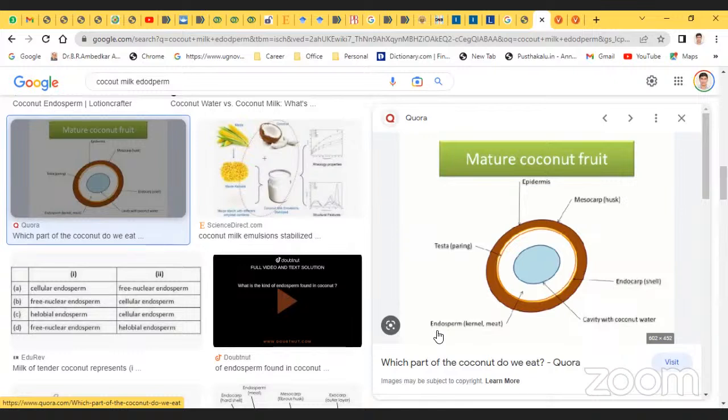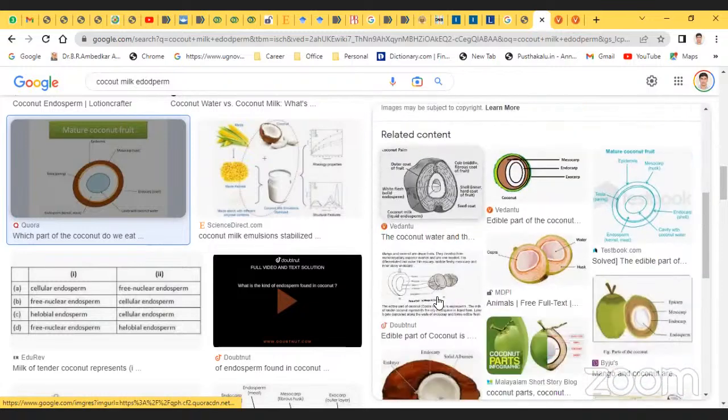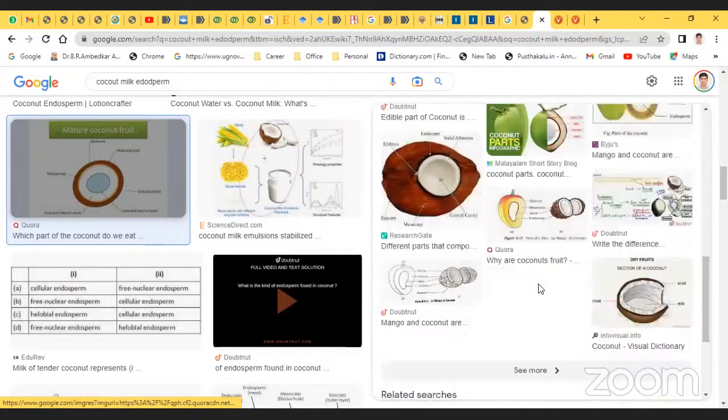The endosperm regulates the precise mode of embryo development. In the absence of endosperm, very young embryos often fail to mature even in the richest artificial nutrient medium. So these are some functions of the endosperm.